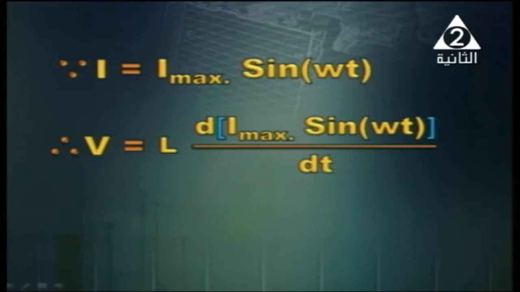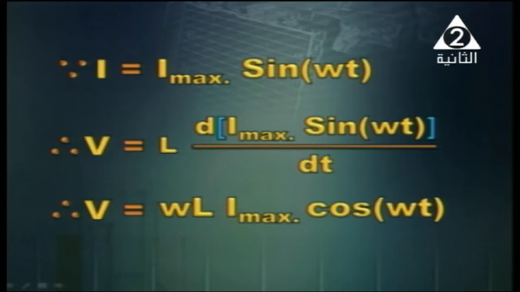Since instantaneous current is equal to I maximum sine omega t, the voltage is equal to L di by dt, substituting for the current: d of I maximum sine omega t. So V will be equal to omega L I maximum cosine omega t.